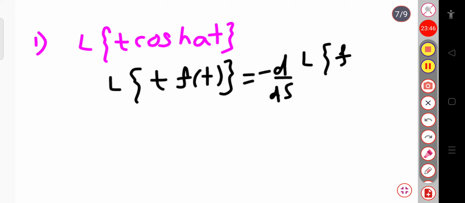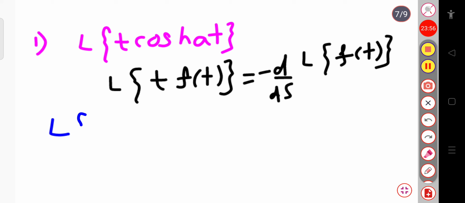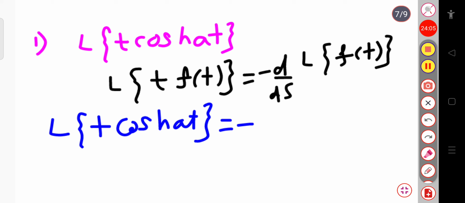Now from this above expression, if you compare these two, this will be the Laplace transform of t cosine hyperbolic at. This can be written as minus d by ds of the Laplace transform of the function, and here the function is cosine hyperbolic at.